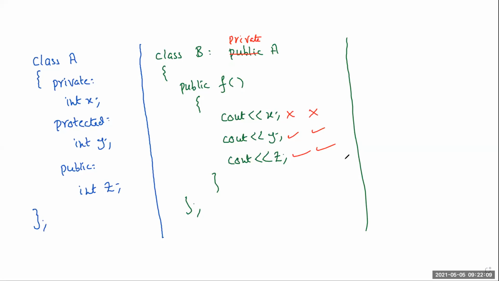Okay, so when you are changing the type of inheritance, you must keep in mind that what you can access from the child class will not change. Okay, this is very important. So it means whether I write private here or public here or protected here, in all three cases, you cannot access private data, you can access public and protected. Okay, this is very, very important.